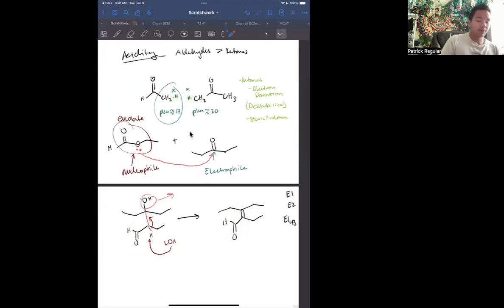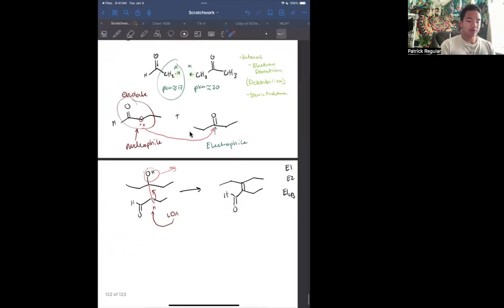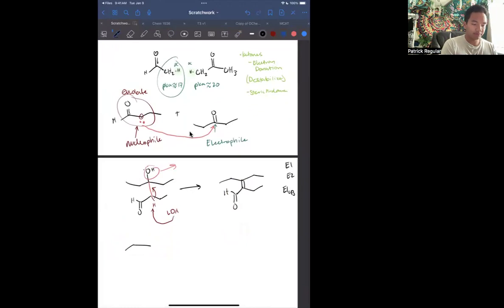Right? So let's bring back the original thing. Let's start from here. Hold on, I drew that wrong. I'm just redrawing what I have over here. My aldehyde and my pentan-3-one.